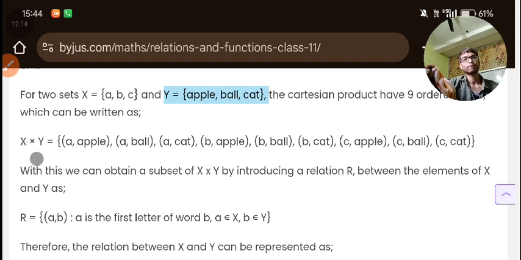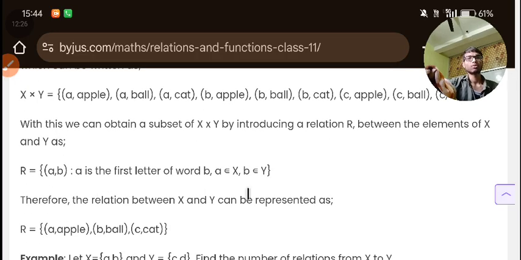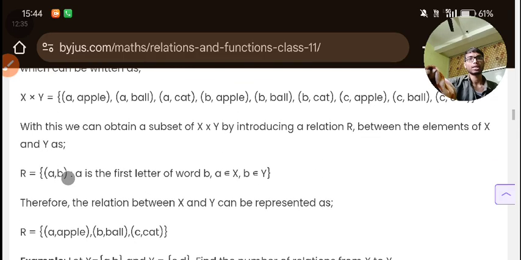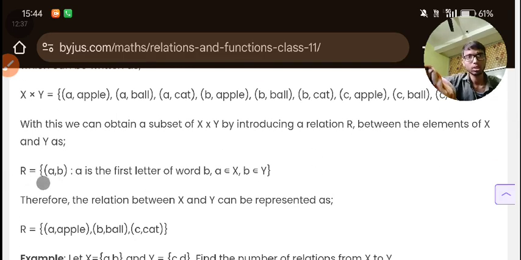X into y, here we are saying this is 1, and like that we will get 9 pairs: 1, 2, 3, 4, 5, 6, 7, 8, 9. We have 9 pairs. With this we can obtain a subset of x multiplied by y by introducing a relation R between the elements of x and y, as R is equal to, here we are saying the relation, this set of a comma b.